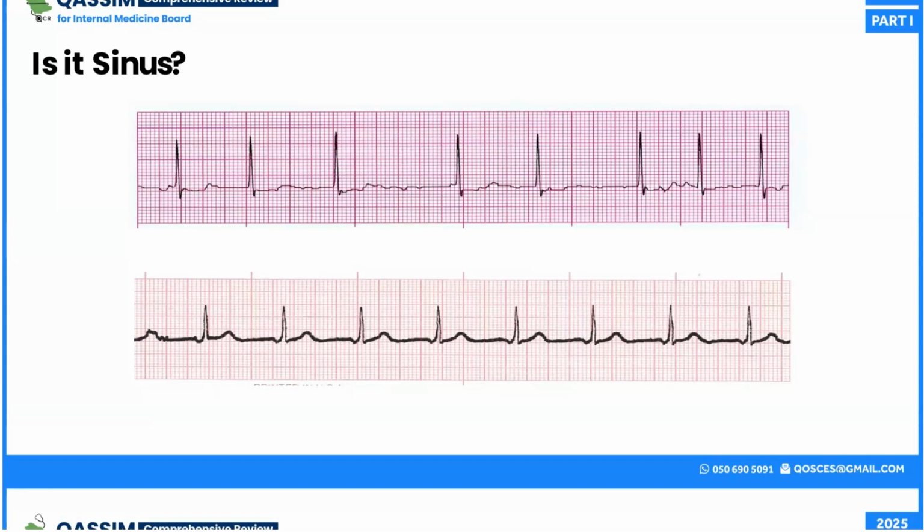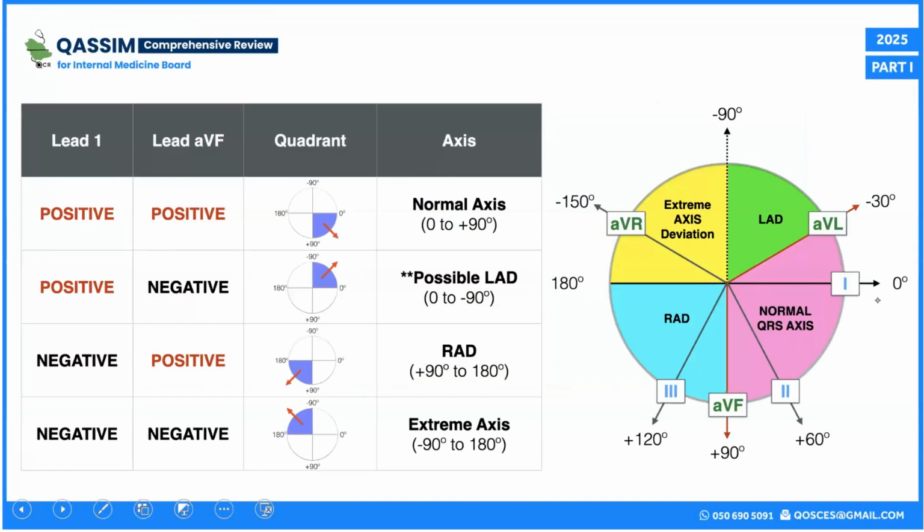If both are positive, then this indicates a normal axis. If lead 1 is positive, so lead 1 will be positive, so it will be somewhere around here. And lead, sorry.